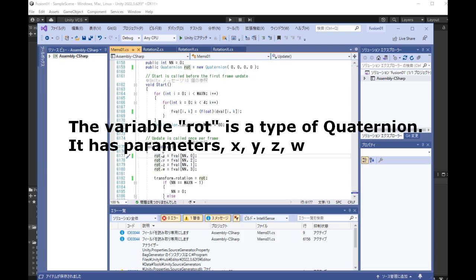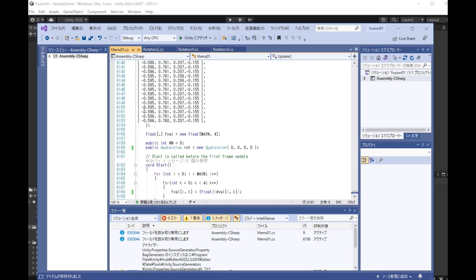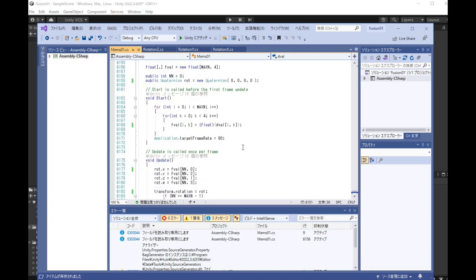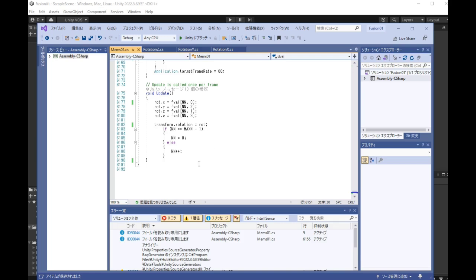And these .x, y, z, w correspond to this x, y, z, w. And if we update quaternions, the rotation begins. Let's start.